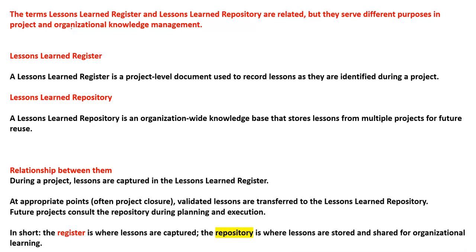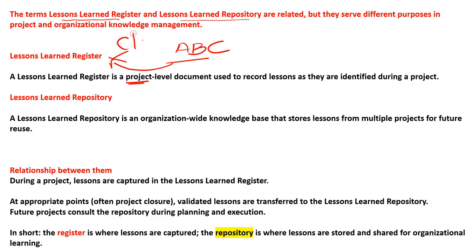Now, an important thing, because this question will also come in your PMP exam: the terms lessons learned register and lessons learned repository. They are related, but they serve different purposes in project and organizational knowledge management. The lessons learned register is a project-level document. See, the focus is the project. Suppose you are working on the ABC project; whatever you have learned throughout the project you will write down in the lessons learned register.